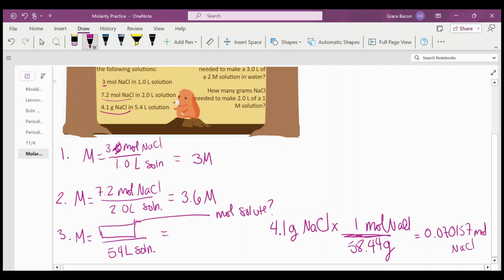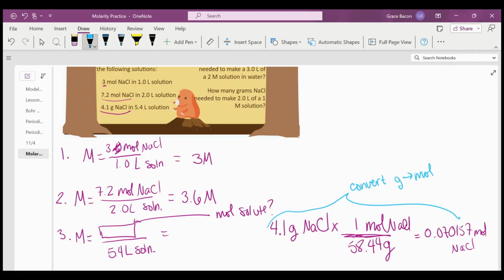So right here, we had to do an extra step. We had to say, wait a second, if I'm given grams, I need to convert my grams to moles using the molar mass of my solute, which in this case was NaCl.